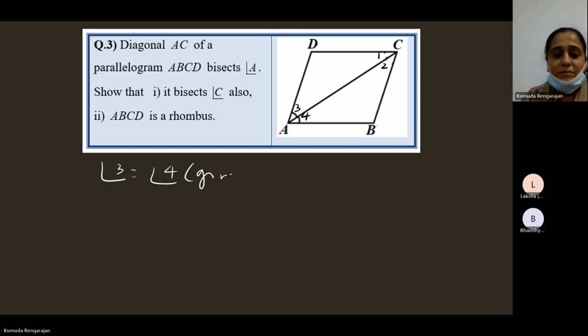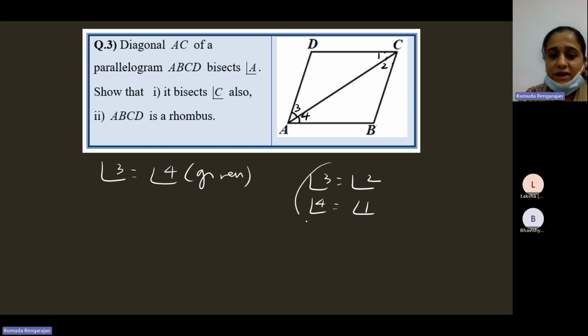This is given. Now the proof: I've just changed the numbers, children. I didn't want to use the same 1, 2, 3, 4 in the same position for the angles. Angle 3 is equal to angle 2, alternate angles. Angle 4 is equal to angle 1, alternate angles. But angle 3 is equal to angle 4.